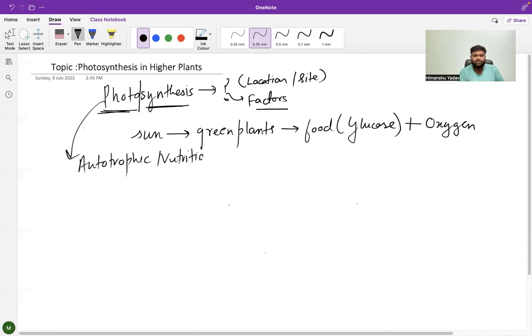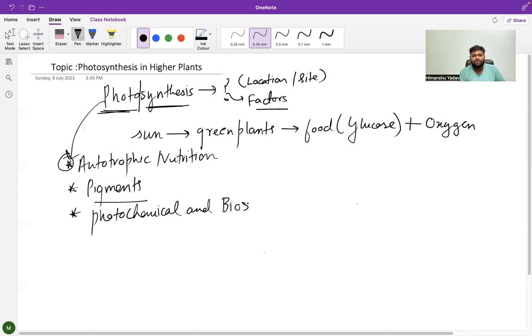Then, what are the pigments that are involved in photosynthesis? Then, of course, we'll be looking at the photochemical and the biosynthetic phase.